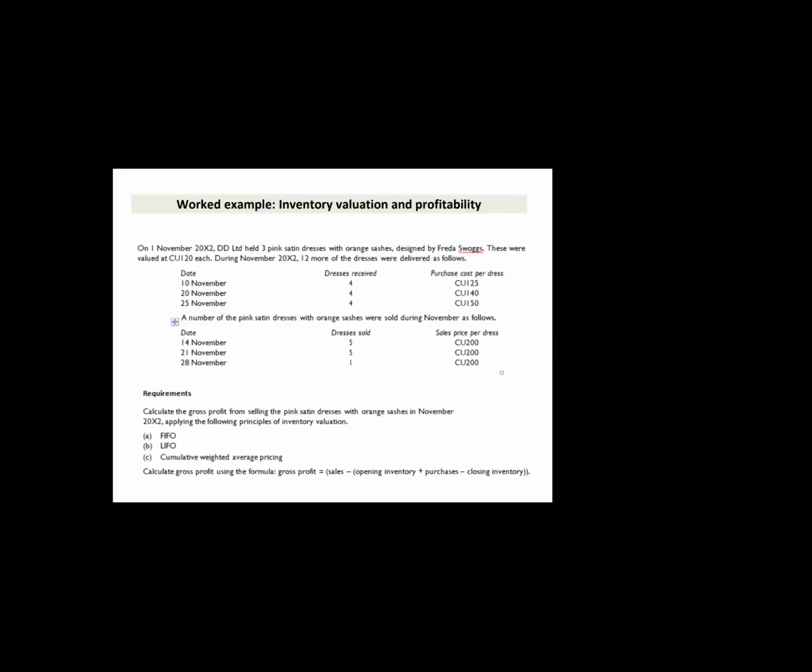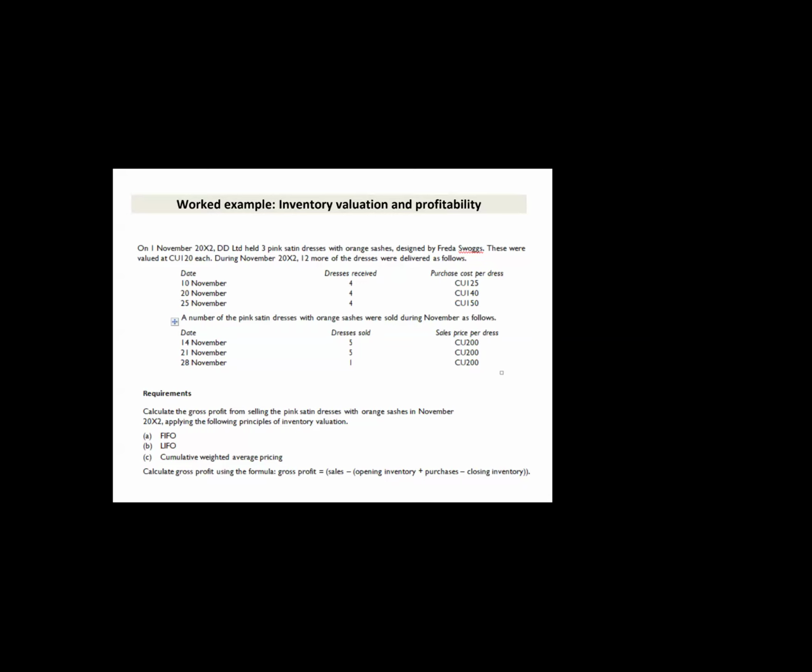During November 2022, 12 more of the dresses were delivered as follows. 10 November, 4 dresses received at the rate of 125. 20th November, 4 dresses received at the rate of 140. And 25 November, 4 received at the rate of 150.